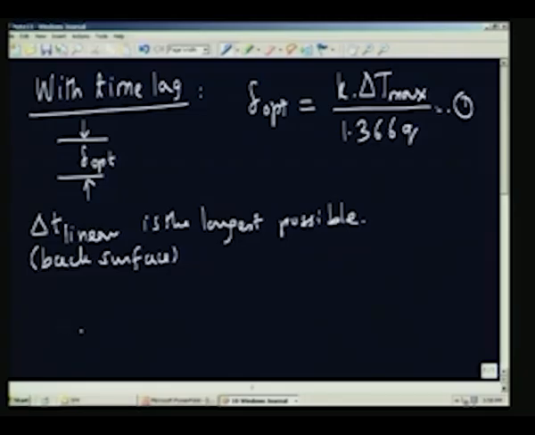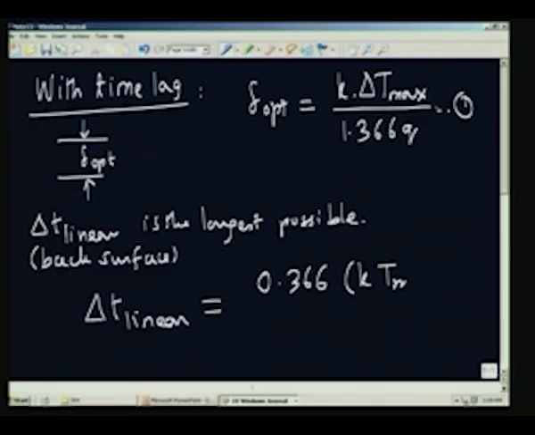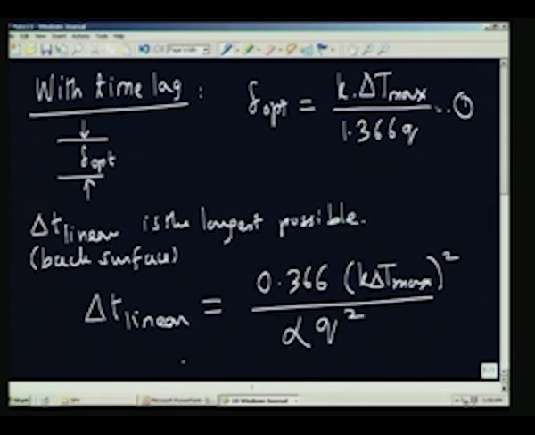The second relationship is that the delta T linear is then given by 0.366 K delta T max whole squared divided by Q squared times alpha, where alpha is the thermal diffusivity of the slug material.